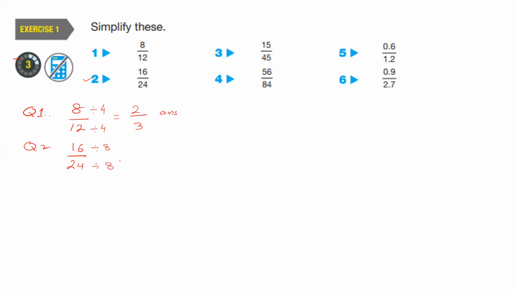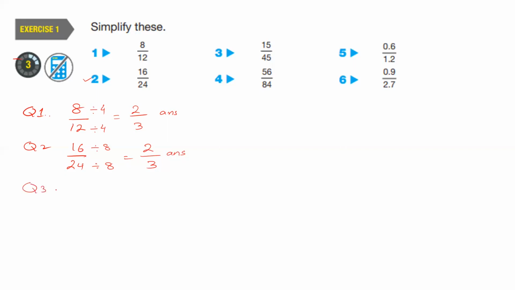Yes. 8 times 2 is 16 and 8 times 3 is 24. Now you see 2 and 3, we cannot divide both of them by the same number, so this is our simplest form. In other words, this is the answer of question number 2.